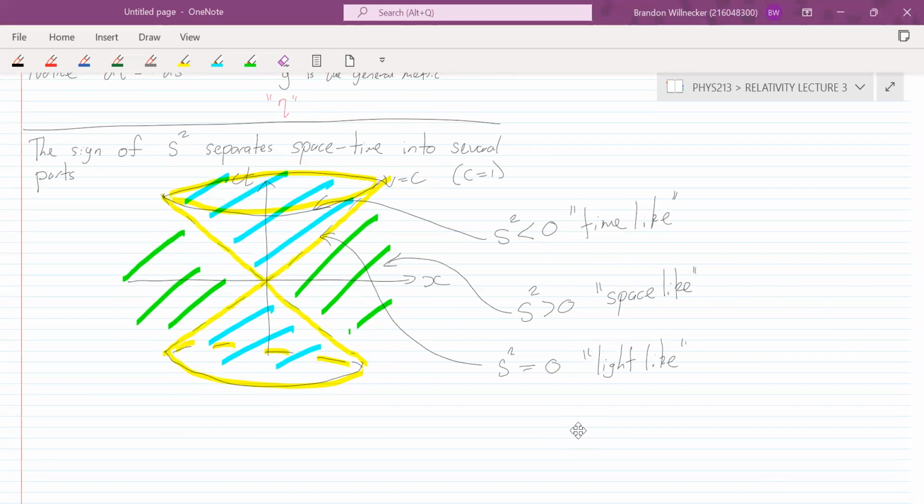Now, the reason we call it the light cone is, first of all, it makes the shape of a cone. And secondly, these paths along the diagonal are the paths of light through space-time. So light rays, or you can think of photons, move along this diagonal.